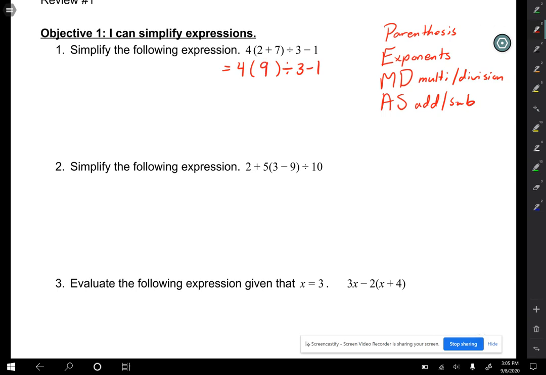There are no exponents for us to deal with, so we can skip that step. Then 4 times 9 is 36, divided by 3 minus 1. Now we can do that division. 36 divided by 3 is 12, minus 1. Final answer is 11.